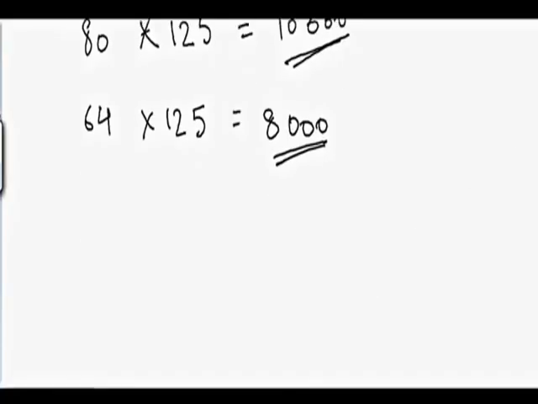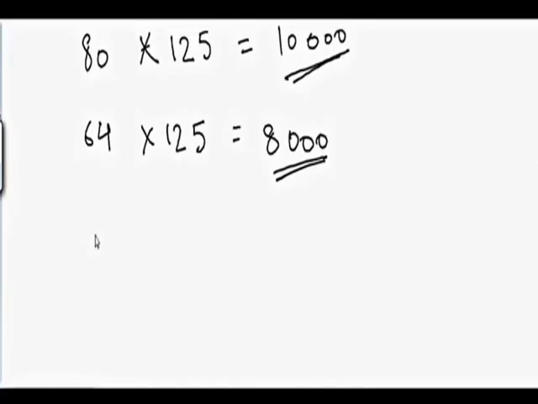And let's take another example, 128 by 125. So in this case we know that 128 divided by 8 is 16, and then we put 000 in the end, so that is our answer.